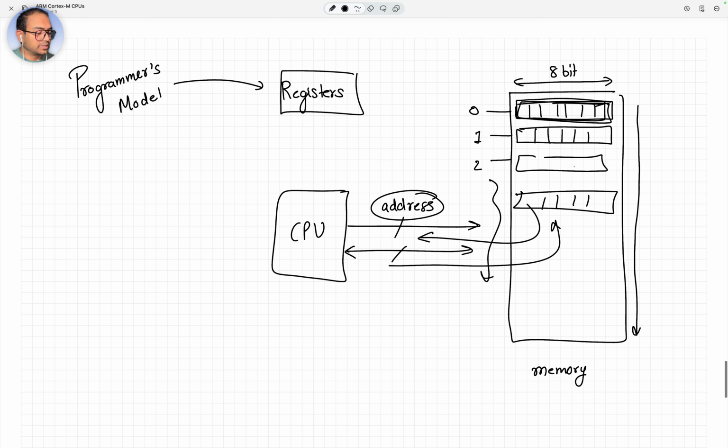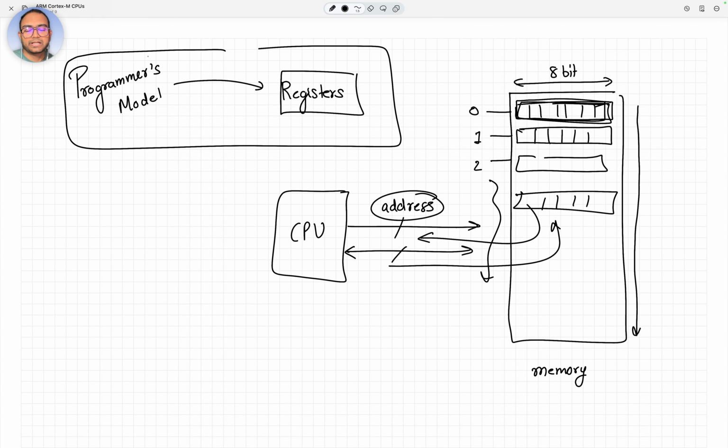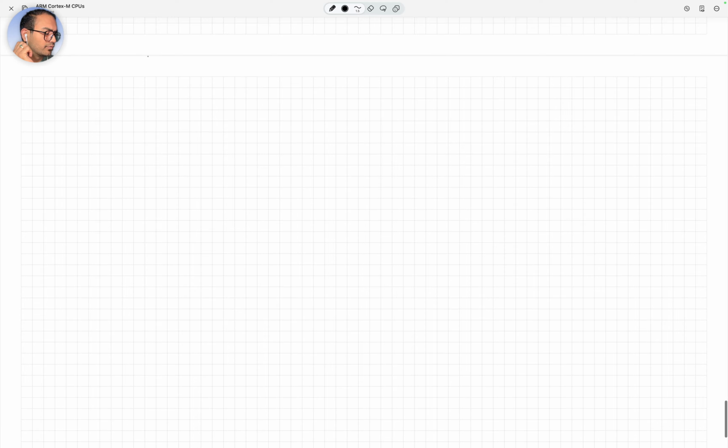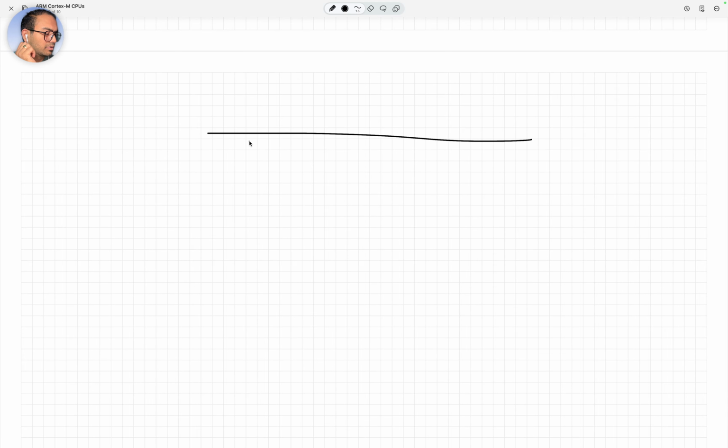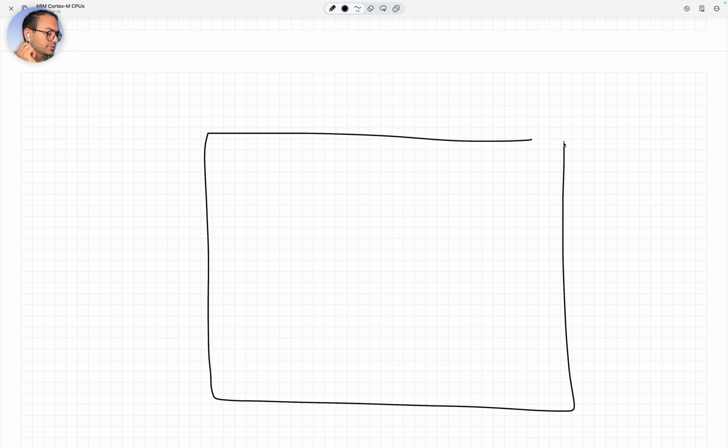Okay. So back to this topic, I was mentioning that the programmer's model is built on the idea of registers. And so we'll move forward. Now let's talk about how a CPU is to be seen by a programmer.